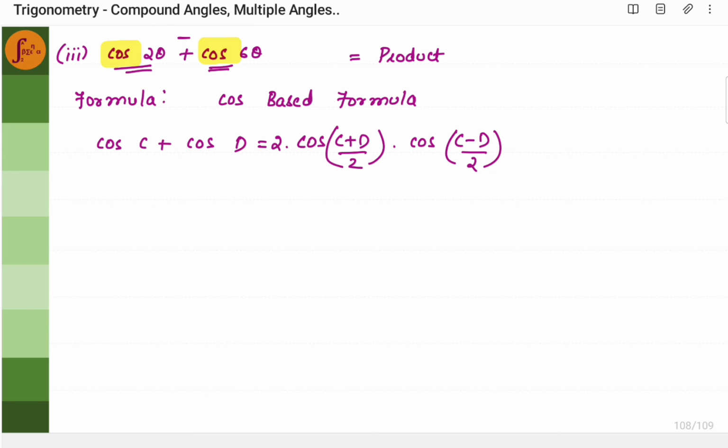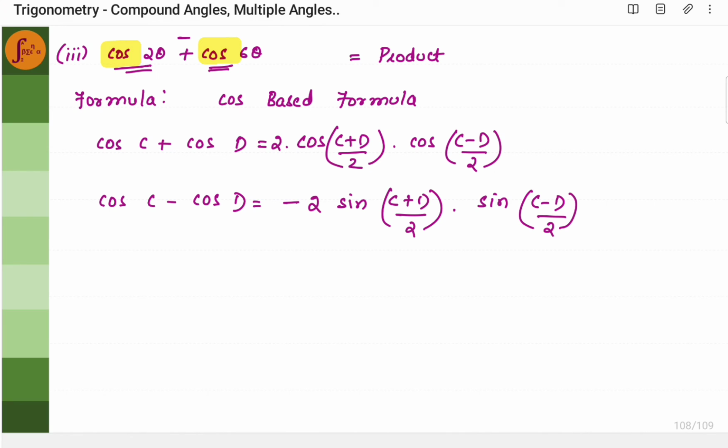Imagine if there was a minus sign, then the formula would be cos c minus cos d is equal to minus 2 sine of c plus d by 2 into sine of c minus d by 2. So you would have got minus 2 and it would have been sine. But now we'll have to use this formula.